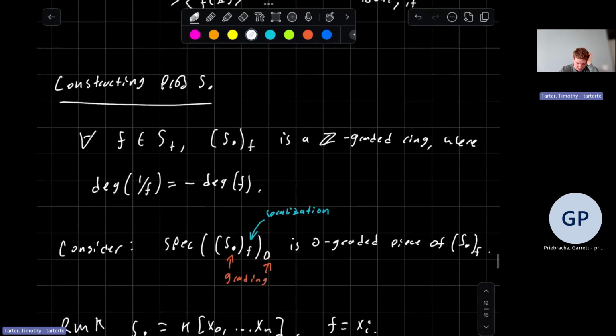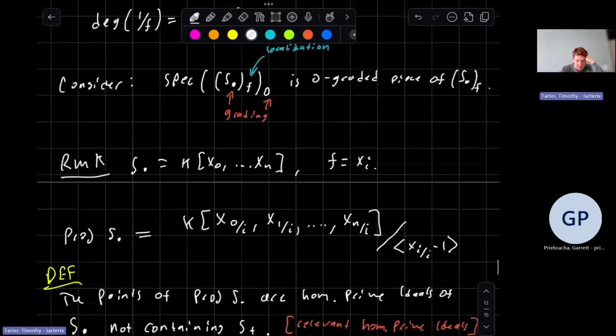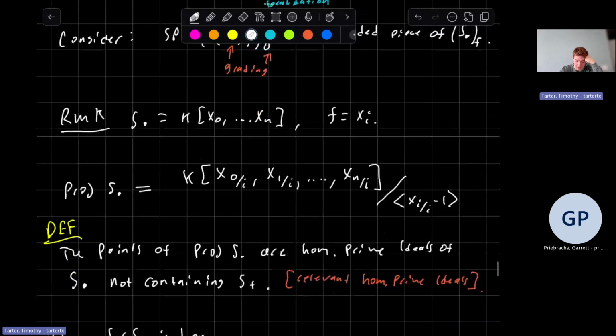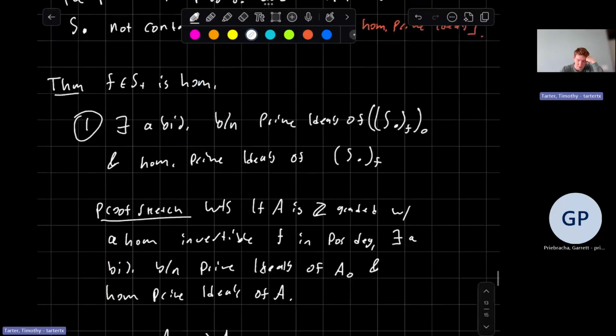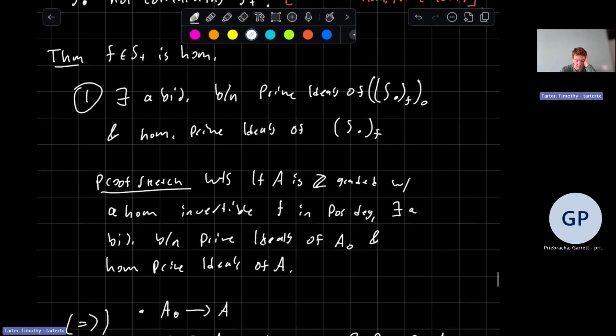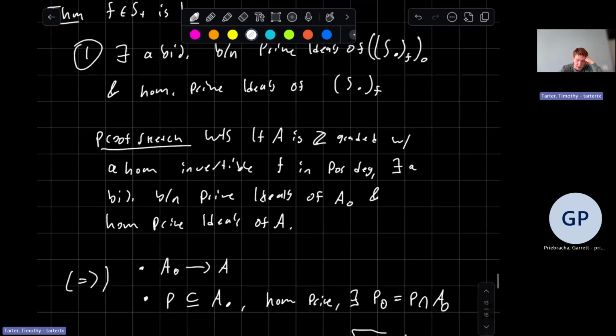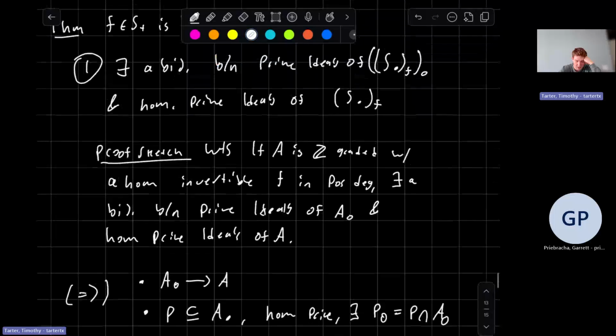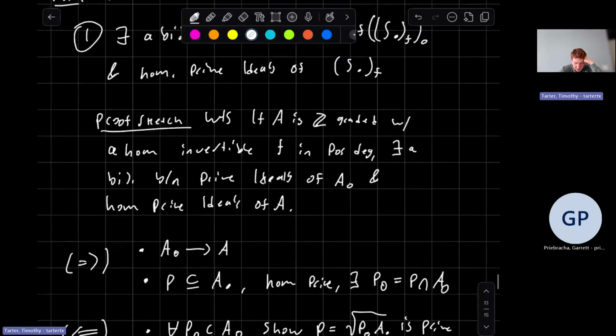So we had this whole business of it being the 0 graded piece of the localization of the graded ring. Well, prime ideals of the 0 graded piece corresponds to homogeneous prime ideals of the localization of the graded ring. And the way that we ended was by constructing that.